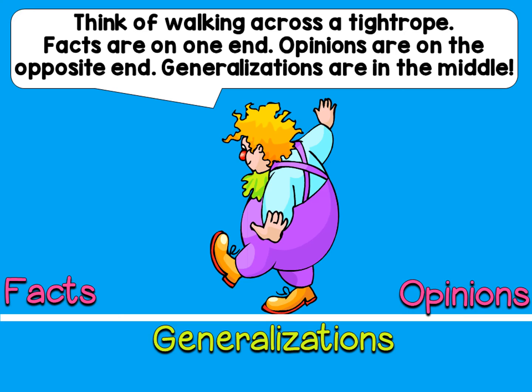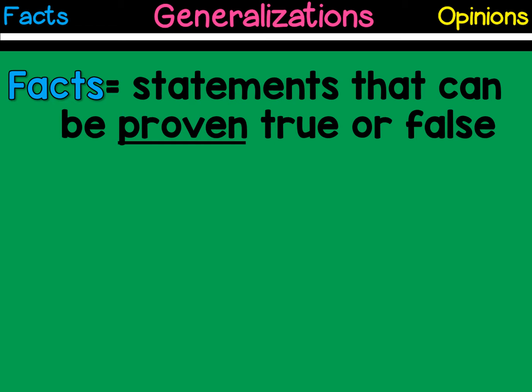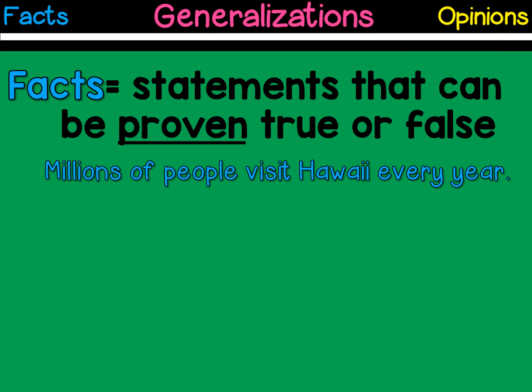Facts are on one end, opinions are on the opposite end, generalization is in the middle. Facts are statements that can be proven either true or false. Millions of people visit Hawaii every year. Fact.